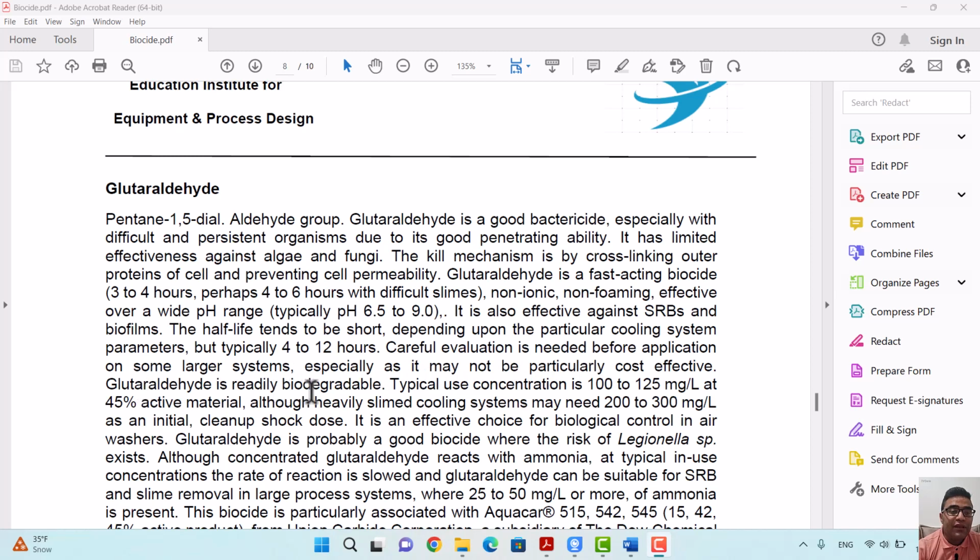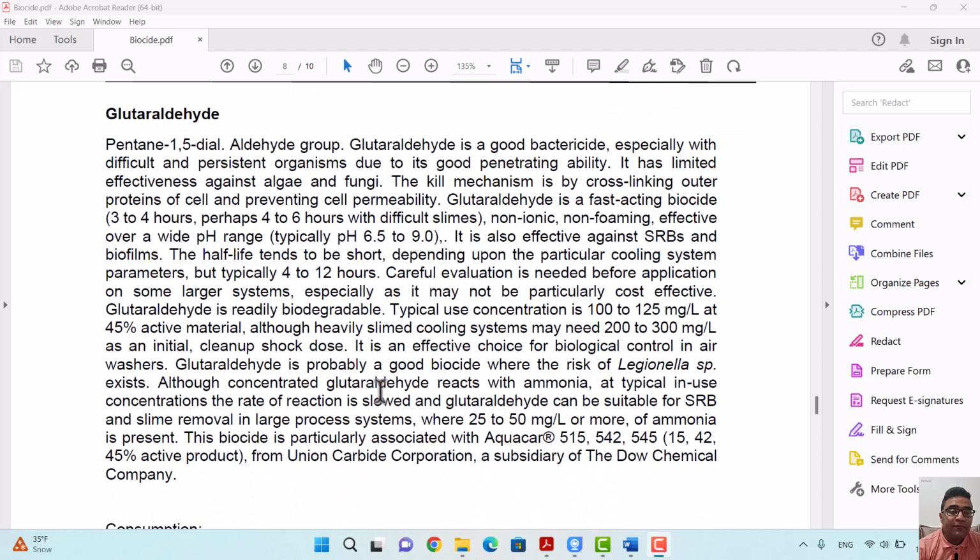Glutaraldehyde is readily biodegradable. Typical use concentration is 100 to 125 ppm at 40 to 45% active material. Also, heavily slimed cooling systems may need 200 to 300 ppm as an initial cleanup shock dose. It is an effective choice for biological control in air washers.